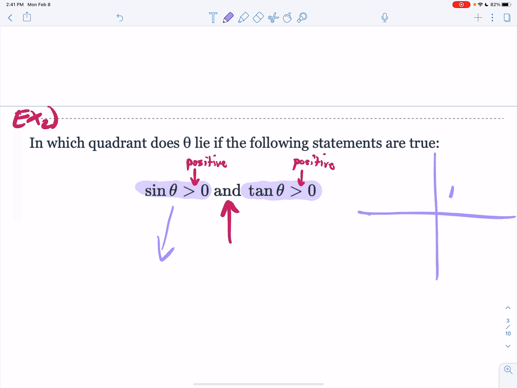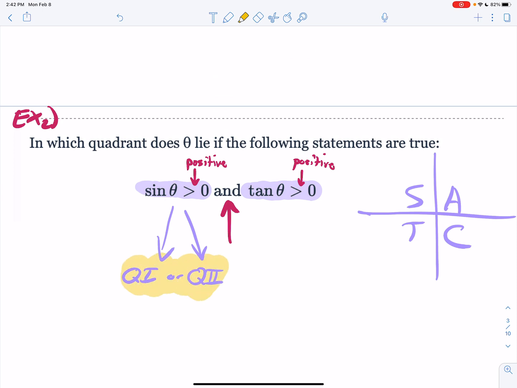Okay, and I'll draw this out for you guys so you guys can see. Sine is positive in quadrants 1 or 2. Okay? So we started with 4 quadrants, we narrowed it down to 2. Okay, but out of these 2, in quadrants 1 or 2, where is tangent also positive?